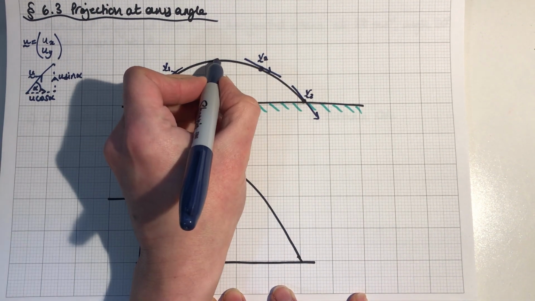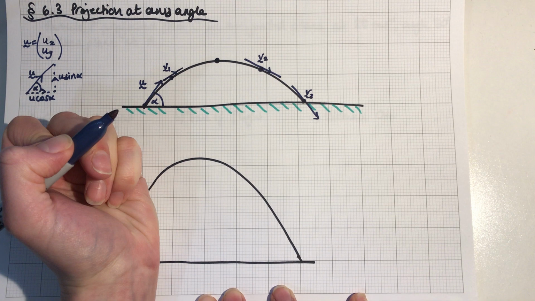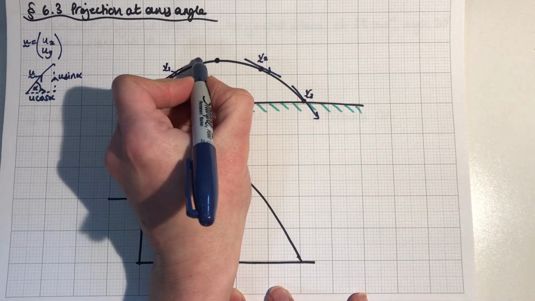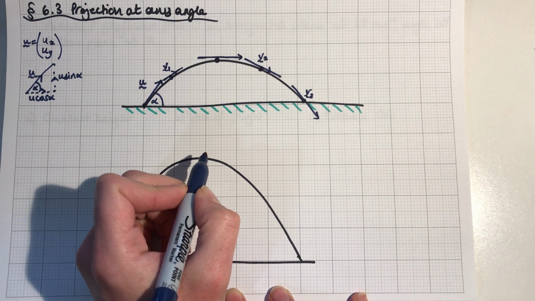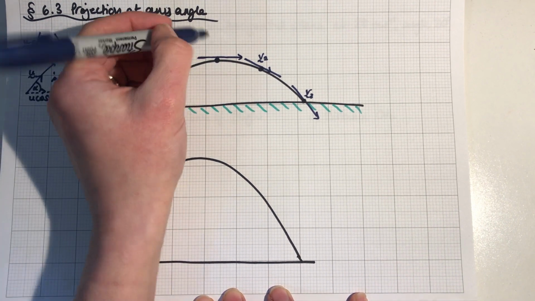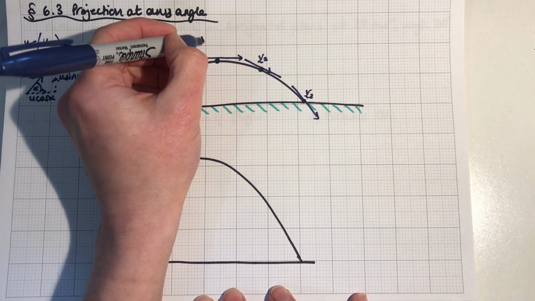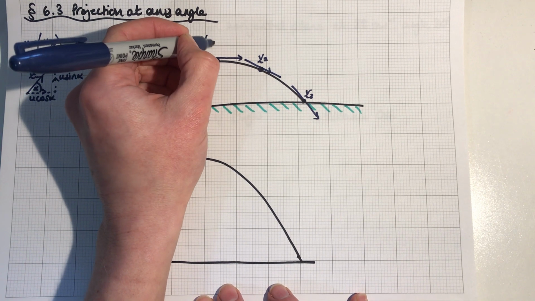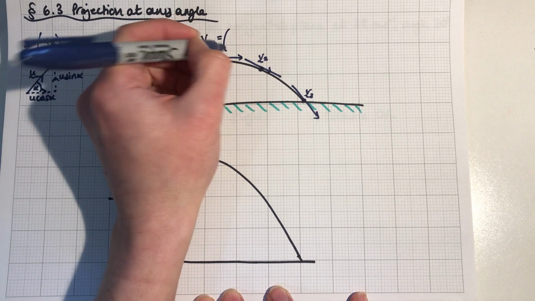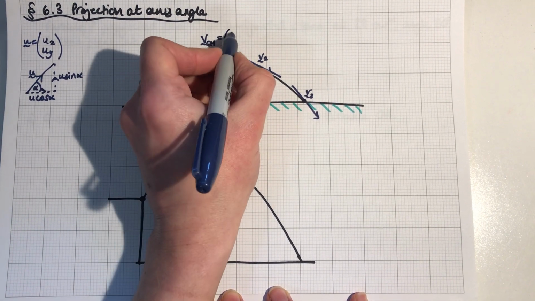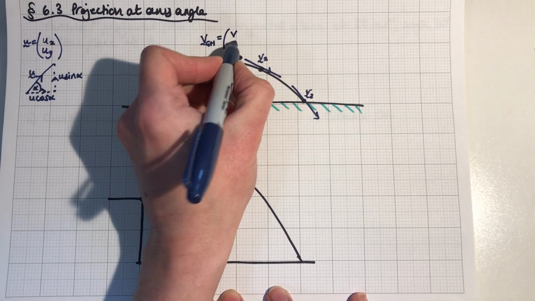I'm particularly interested in this point, the greatest height that we reach. If I draw the tangent there, you'll notice that it's horizontal. Well, what does that tell us? That tells us that at this greatest height point, let's call it v at greatest height, with a subscript GH, we are travelling horizontally, but we are not travelling vertically.